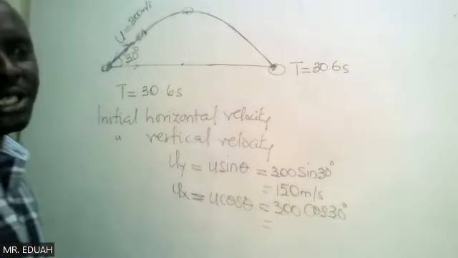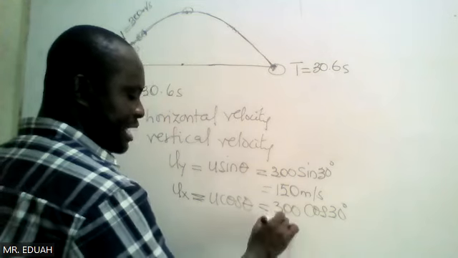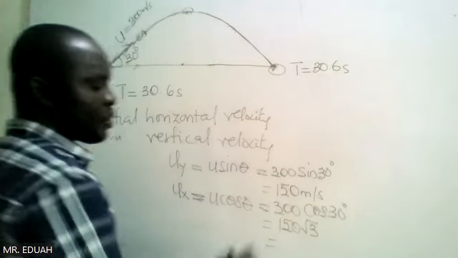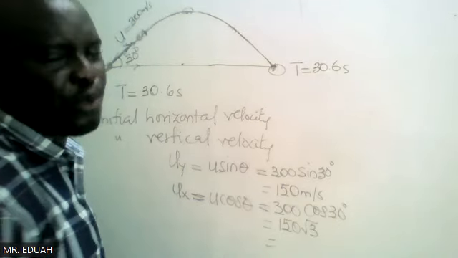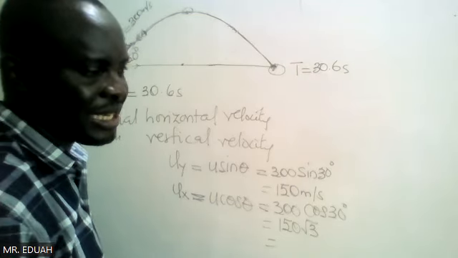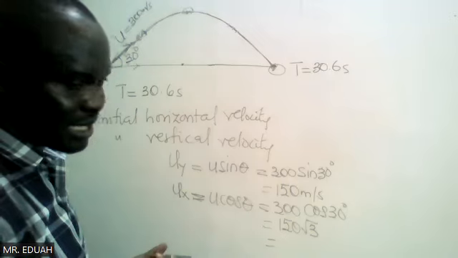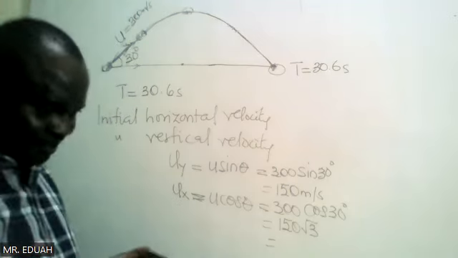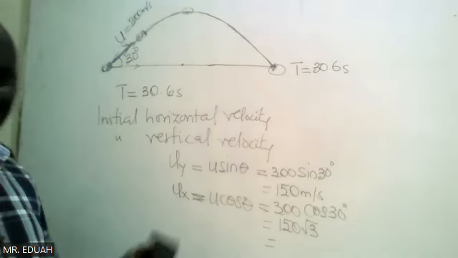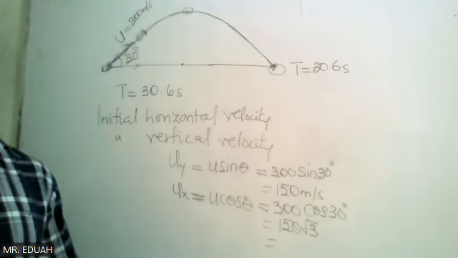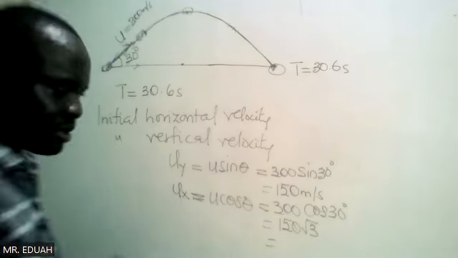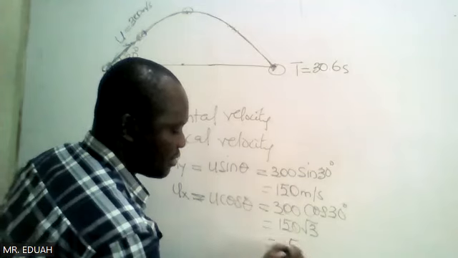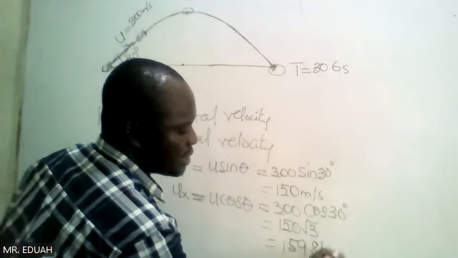Cos 30 is root 3 on 2. So this is 150 root 3, or 300 times 0.866. And 300 times 0.866 is equal to what? Give me the final answer. 259.81 meters per second. Come again. 259.81 meters per second. Thank you.